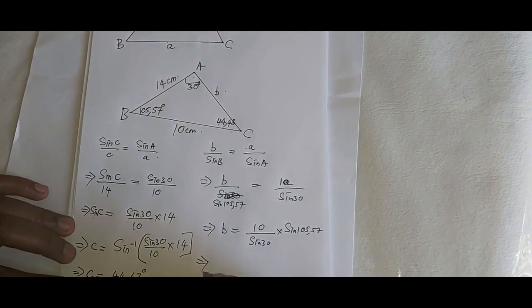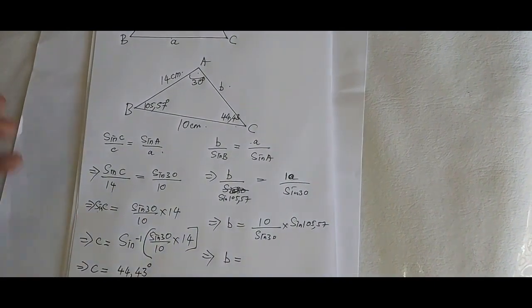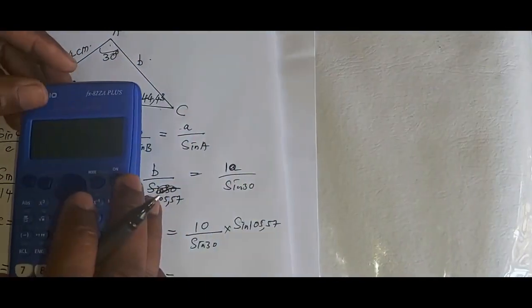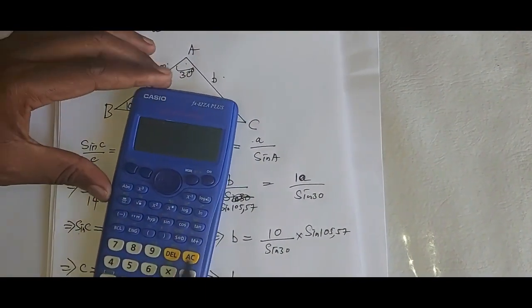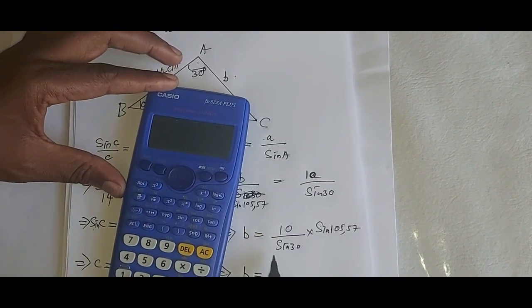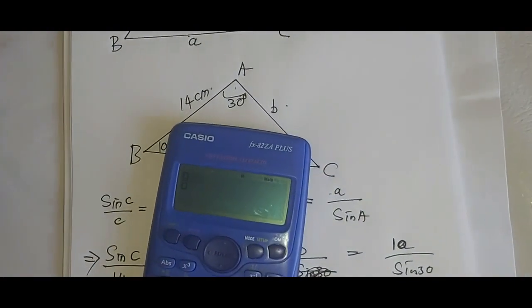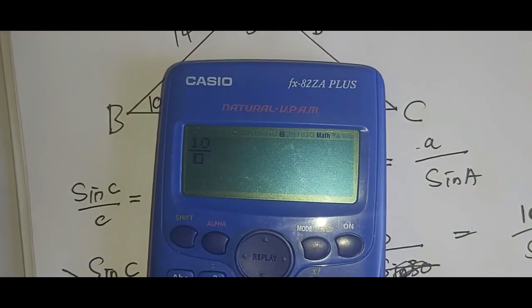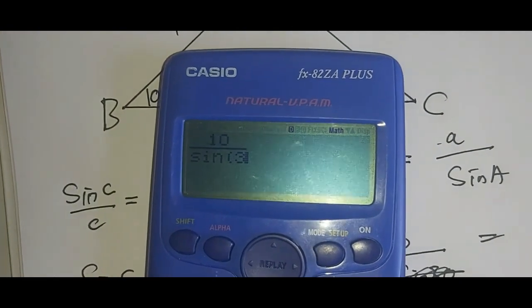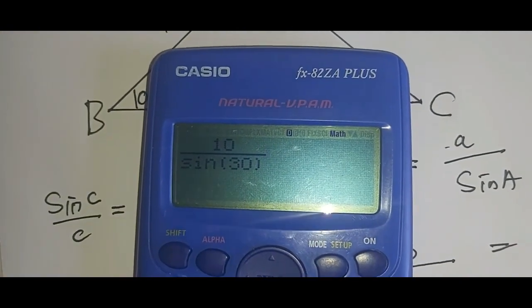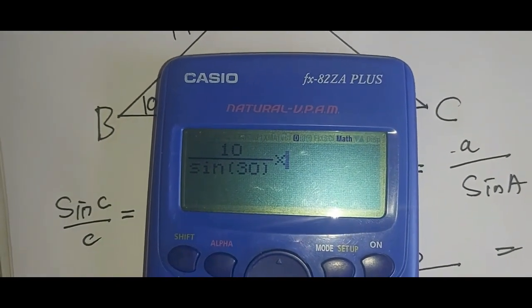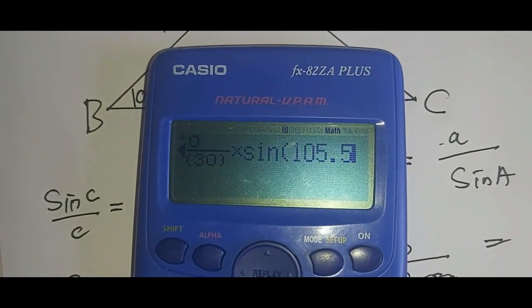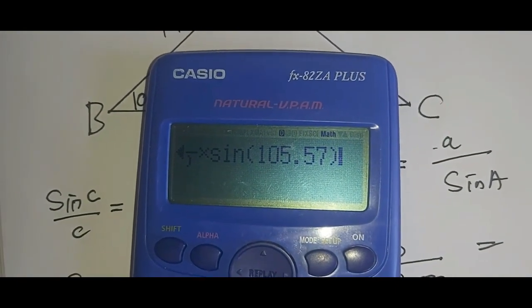Again, you must punch it into your calculator: 10 divided by sine of 30, close bracket, multiplied by sine of 105.57, close bracket, equals.